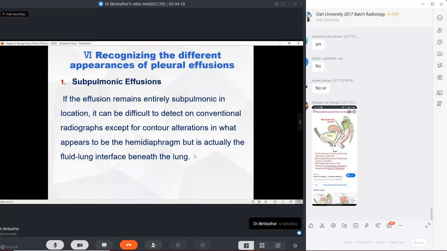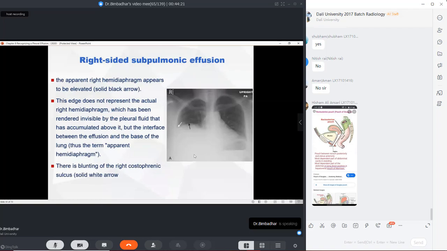Now, right-sided subpulmonic effusion: you can see here the meniscus is not seen here, but the meniscus is seen here this way. You see here? The meniscus is seen along the white arrow, but the black arrow is showing elevation, which means this is happening because of a problem in the lower lobe of the lungs.